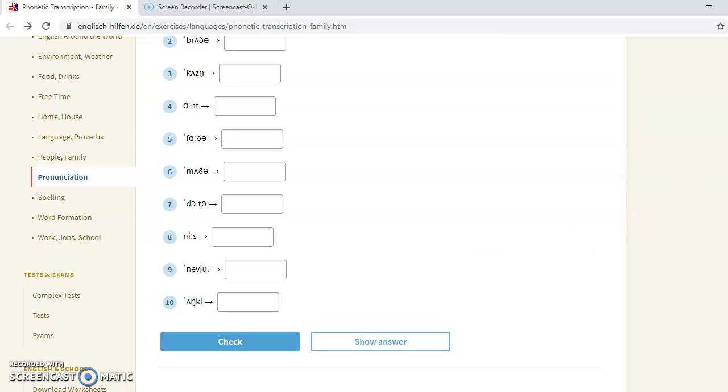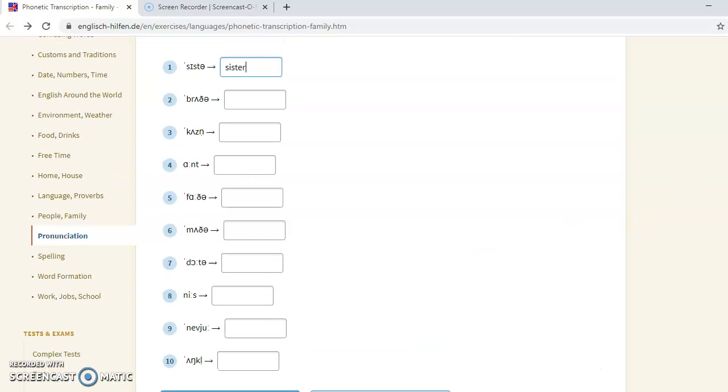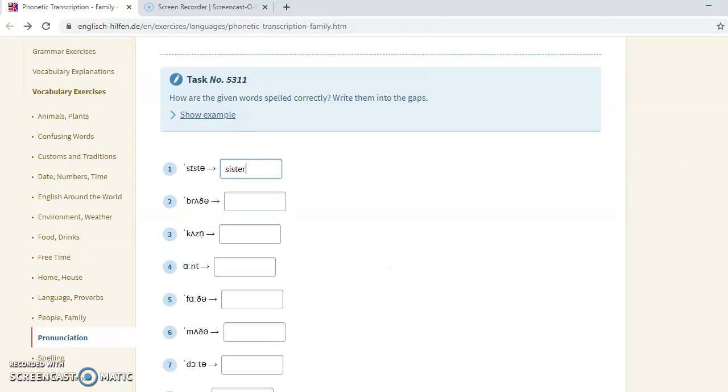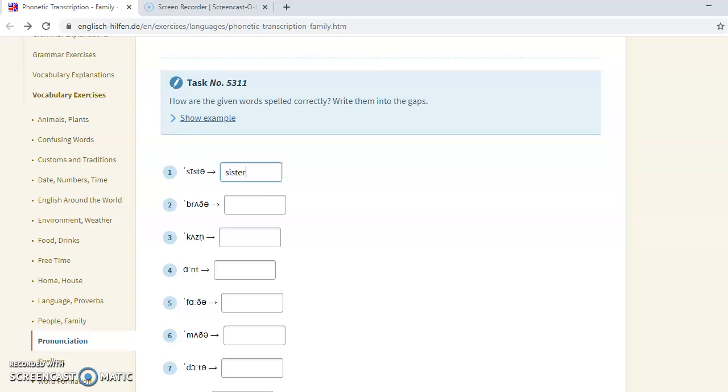For example, now number 1 is sister, and when you click the shuffle button, maybe number 5 will go to number 1, and number 1 will go down to number 8. So it's a good practice. Remember, when you are doing this practice later on, I want you to practice pronouncing each word.